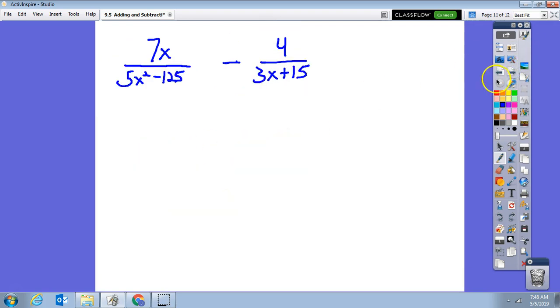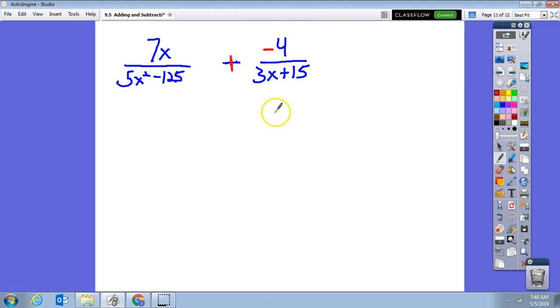The other option, which is the option that I prefer, and the option that I'm going to show you, is to take it and change it to addition, meaning leave, change to addition, change to negative 4. Notice I didn't change the bottom, because if you change both of these, that would be a negative divided by a negative, and that would be positive.